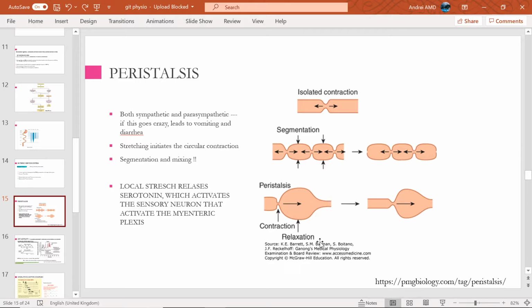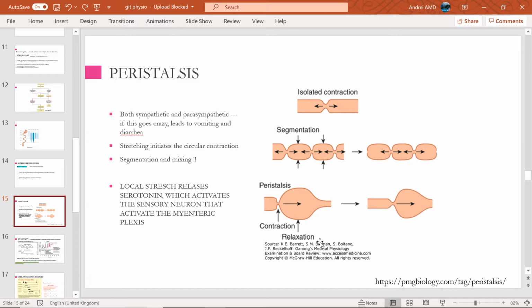With the GI, it's similar, but a little different. We have pacemaker cells in the intestine, same as in the SA node, called the interstitial cells or intestinal cells of Cajal. This is one thing you should remember.